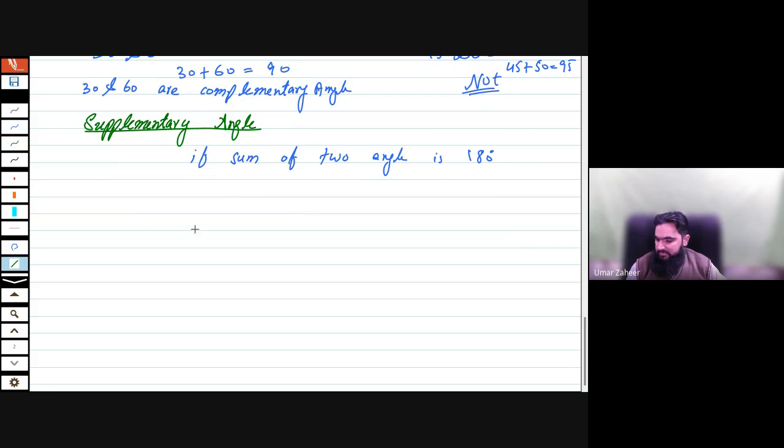For example, if I draw a line here, let's say it is angle X and it is angle Y. Clearly, if you add them, that must be equal to 180 degrees. In the same way, suppose you are given 150 and 30.